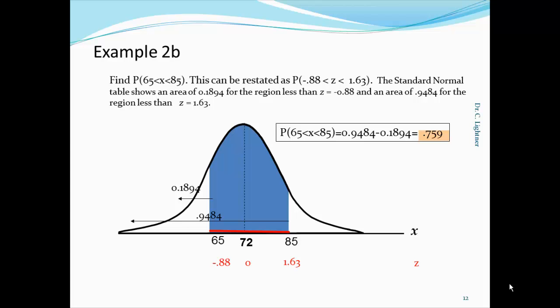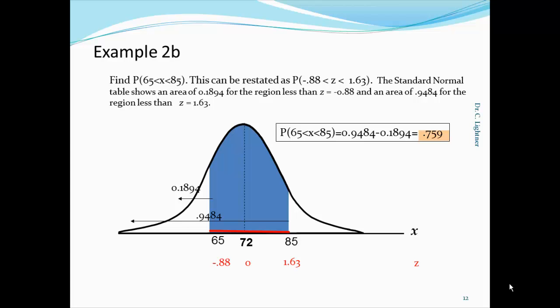Example 2B. Find the probability that X is between 65 and 85. If we compute the z-scores for 65 and 85, we can restate our problem as the probability that z falls between negative 0.88 and 1.63.